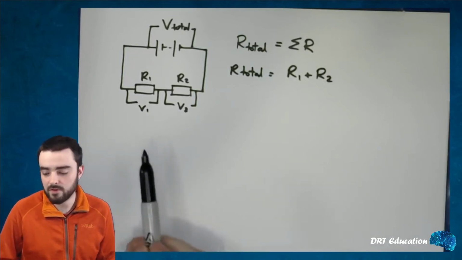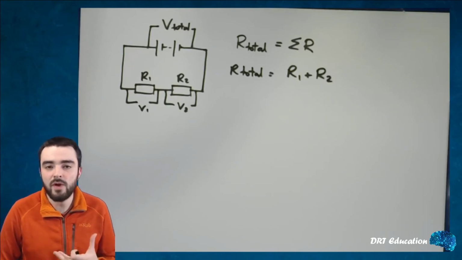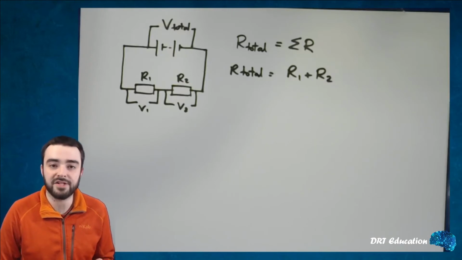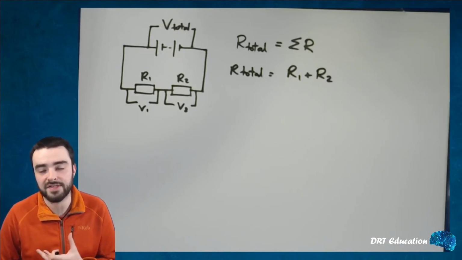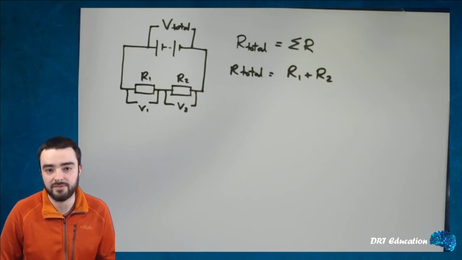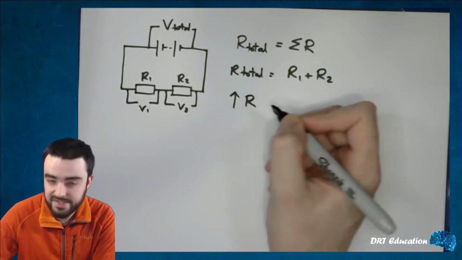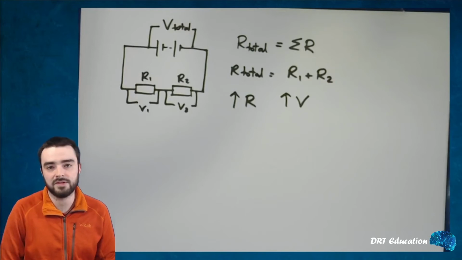But how is this voltage going to be shared between them? Well, if you have a greater resistance, you're going to have to expend more energy to overcome that resistance. So the higher the resistance, the higher voltage is going to be across that component. If you have an increased resistance, it's going to get an increased share of the voltage.